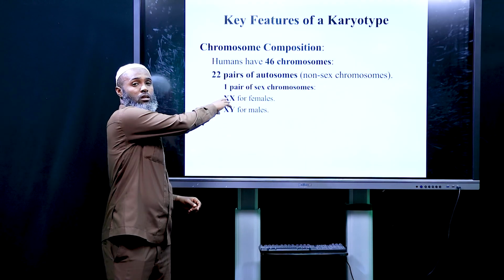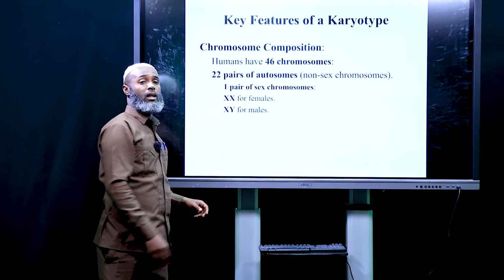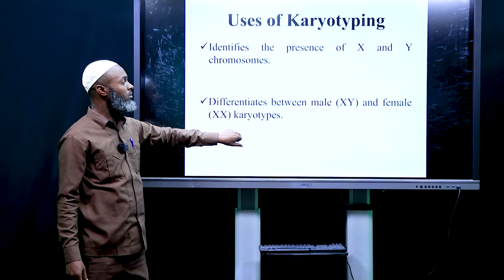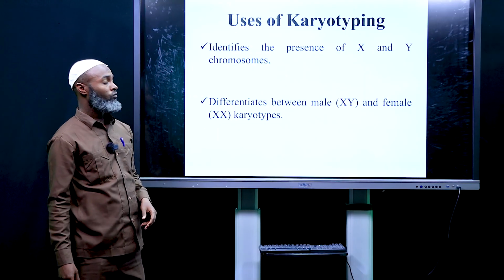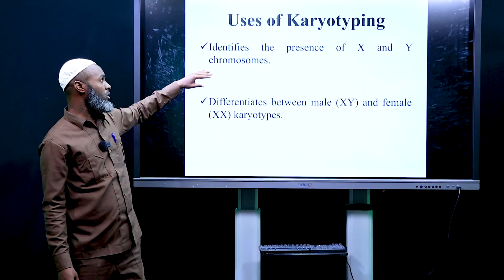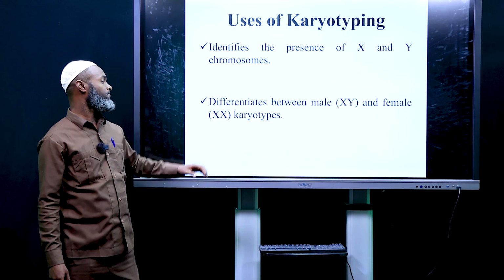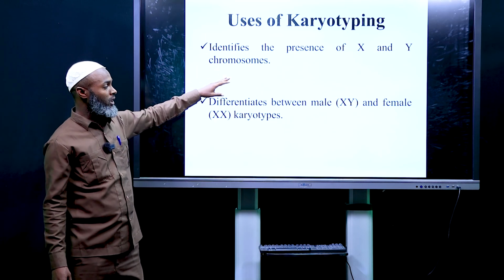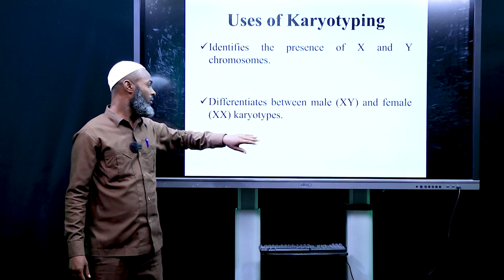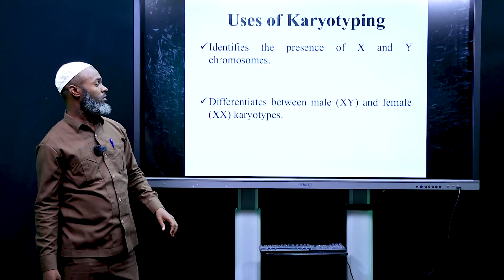This is XX for females and XY for males. Karyotyping is used for identifying the presence of X and Y chromosomes. It also differentiates between male and female karyotypes.